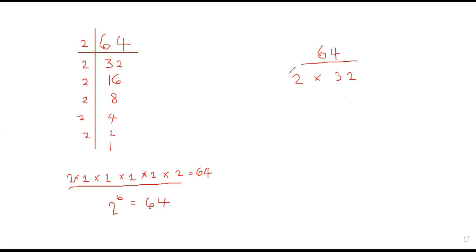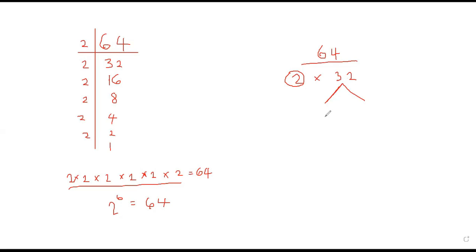You have one prime number here, but 32 isn't a prime number, so I'm going to split this one like this. You can see I'm spreading 32 just like a branch of a tree. That is why it is called the factor tree method.